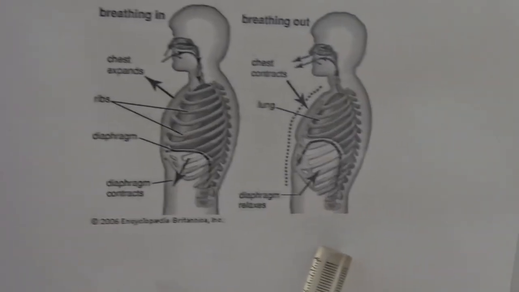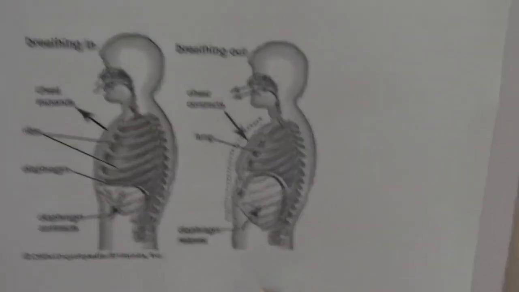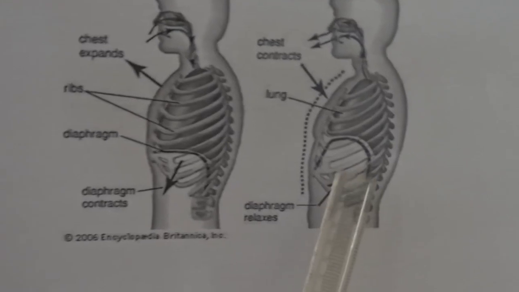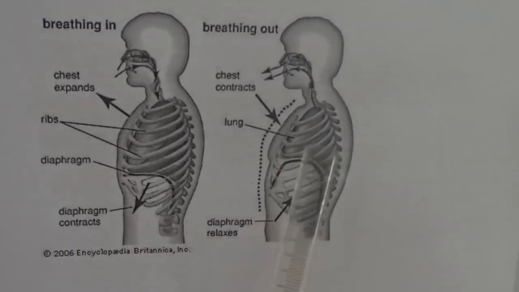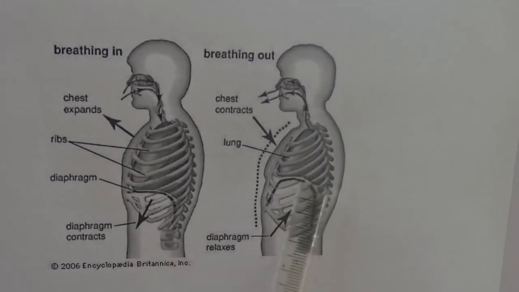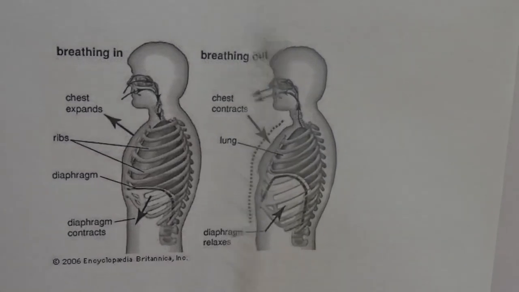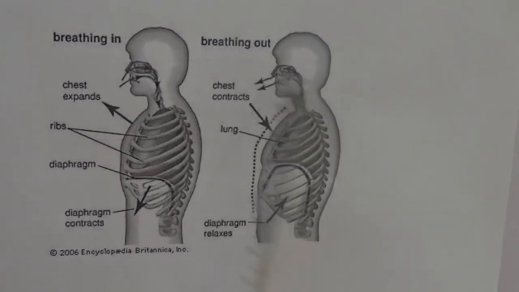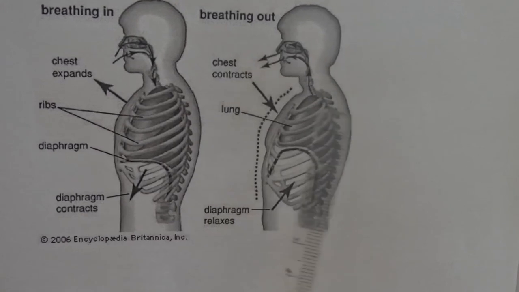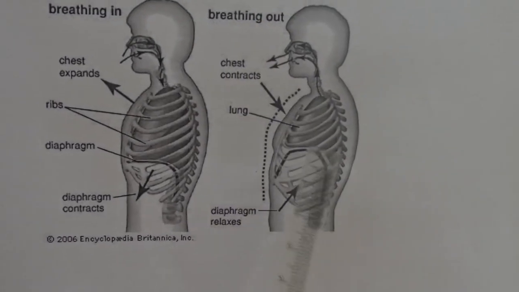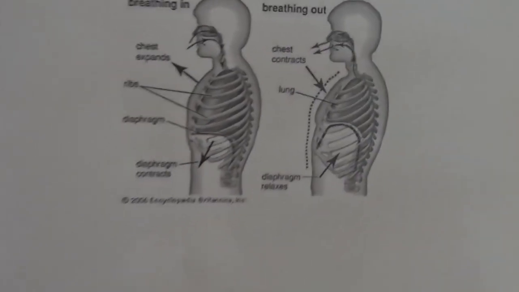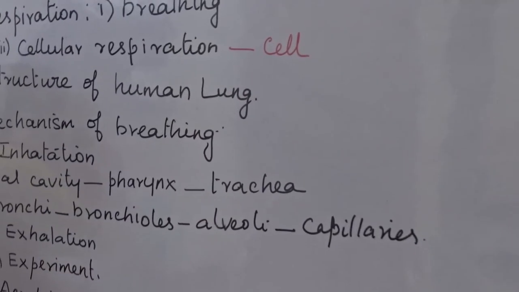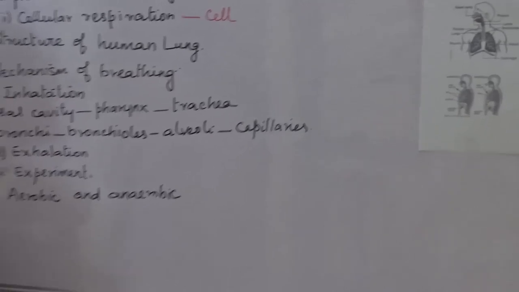Expiration is just the reverse. The diaphragm relaxes and the chest cavity contracts. Then the more pressure inside pushes the air outside. Carbon dioxide will be sent out. This is breathing out. This is the procedure for the mechanism of breathing movement.